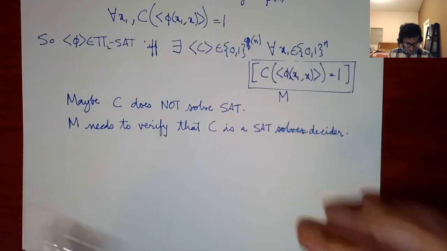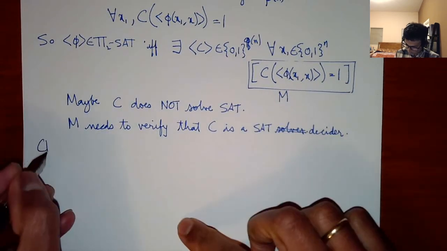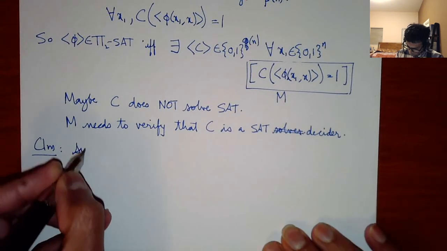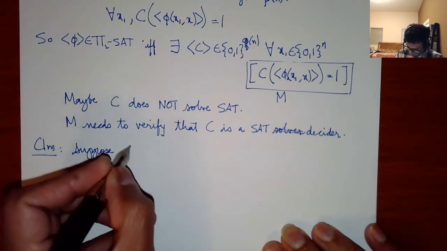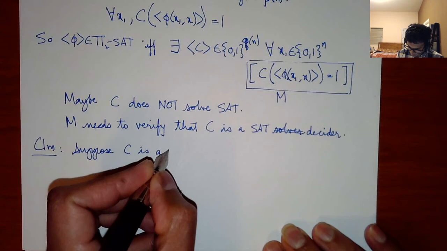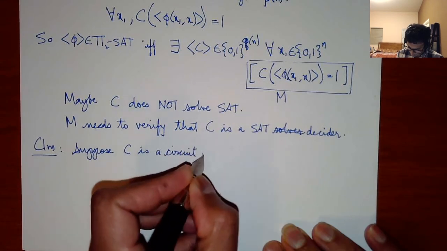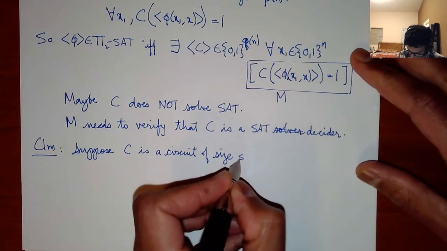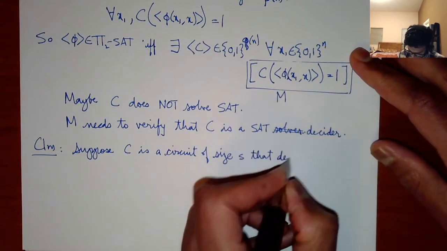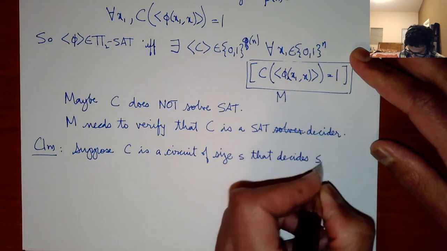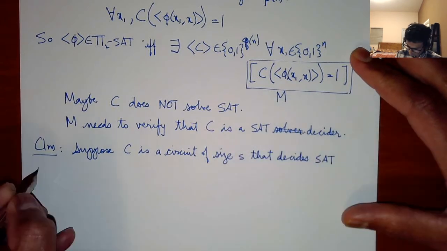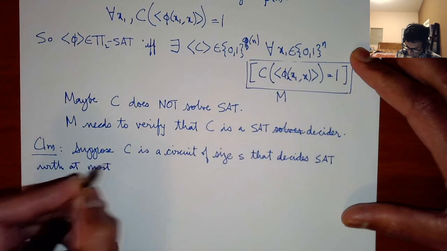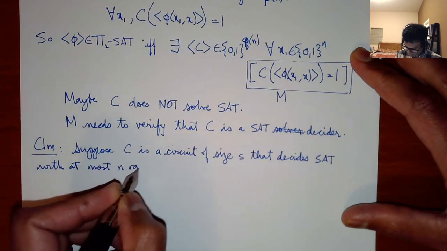So towards that, I'm just going to prove a claim. Suppose C is a circuit of size S that decides SAT with at most n variables.